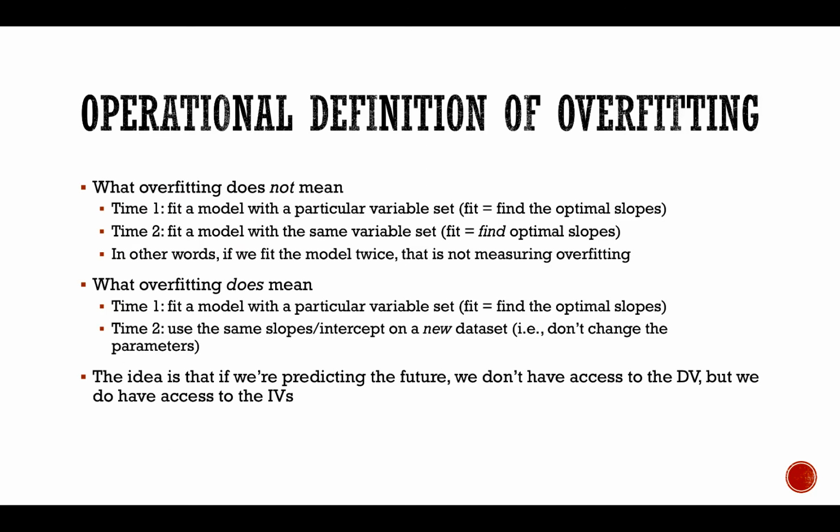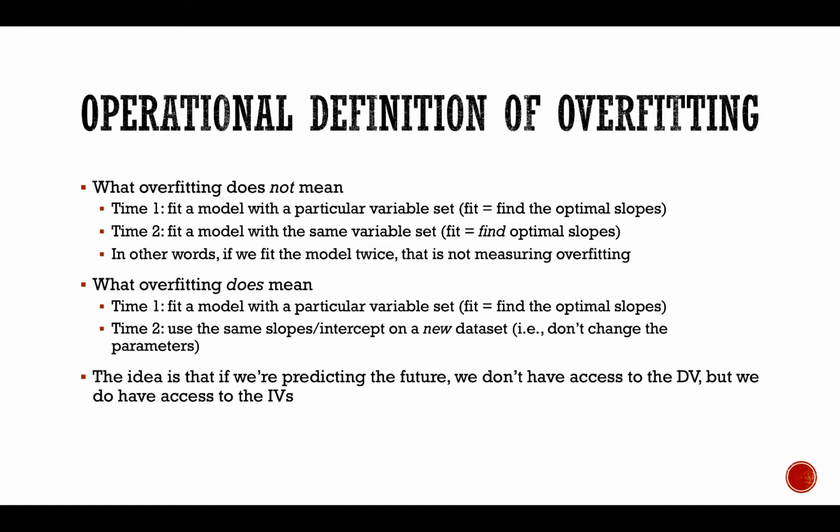Let me just clarify what overfitting means. Well, let me tell you what overfitting does not mean, because I think this is a common misconception. At time one, let's say you fit a model with a particular variable set, where fit means that we plug it into the statistical machinery and it finds the optimal slopes that minimize the sum of squared errors.